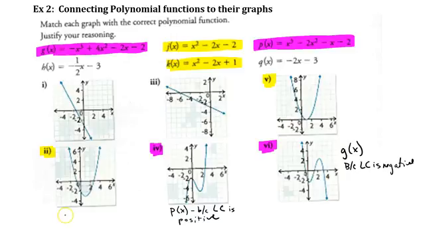So I'm going to say that this is j of x because the y-intercept is at -2. I'm going to say that this one right here is k of x, because my y-intercept is at +1. And look at that. It is.